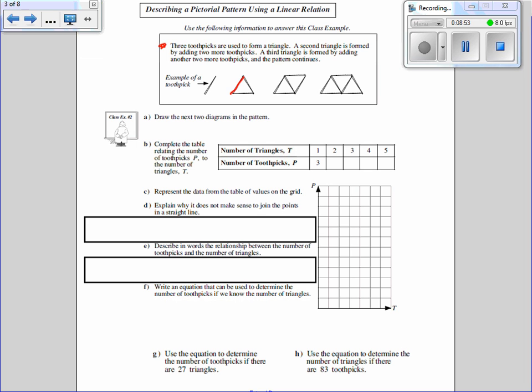A second triangle is formed if you add 2 toothpicks. So we had our original 3 toothpicks there, and then we added 2 toothpicks, and we created a second triangle by adding only 2 more toothpicks. You could do this again, and you could add 2 more toothpicks, and you would get another triangle.